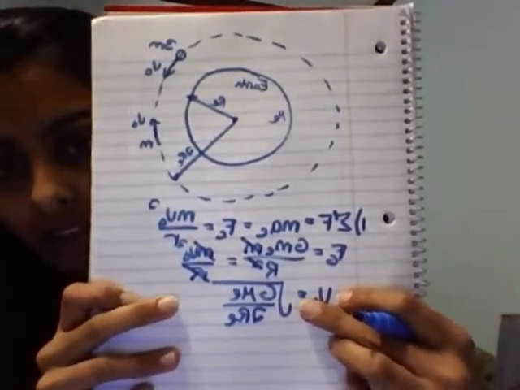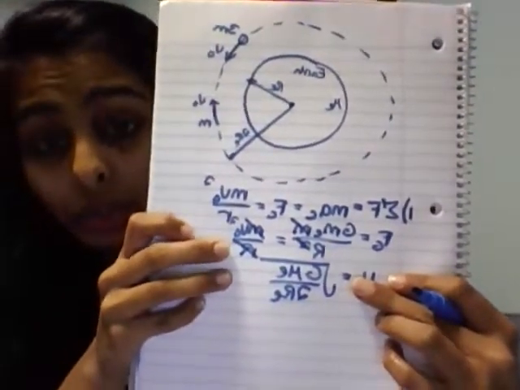So v is going to be equal to the square root of G, which is the gravitational constant, times the mass of the Earth itself, divided by 2 times the radius of Earth. Because you have to remember that the radius here is going to be equal to 2 of Earth's radii, okay? Alright, so that's A. We calculated the velocity initial, okay?